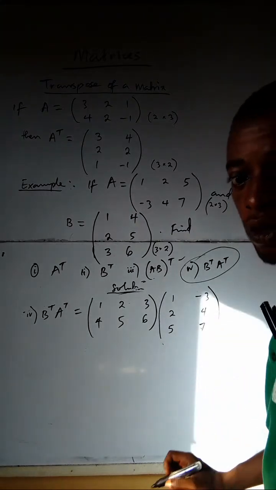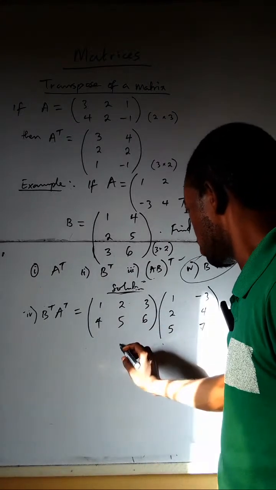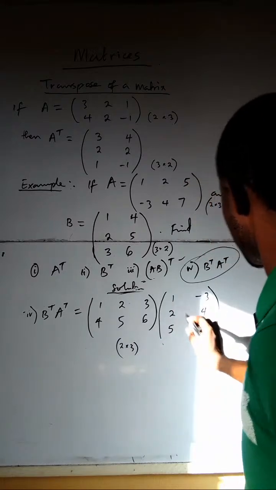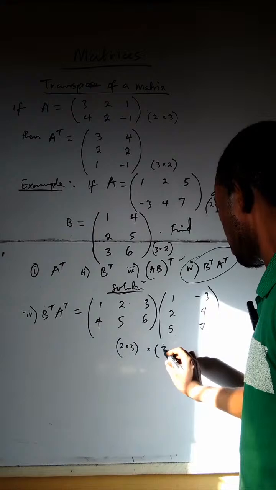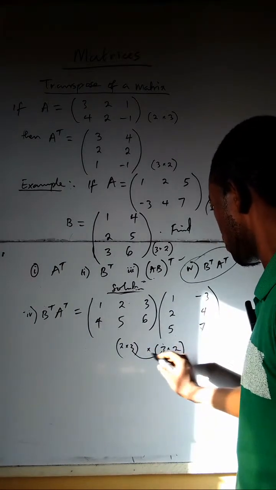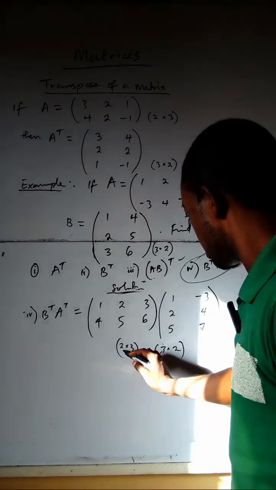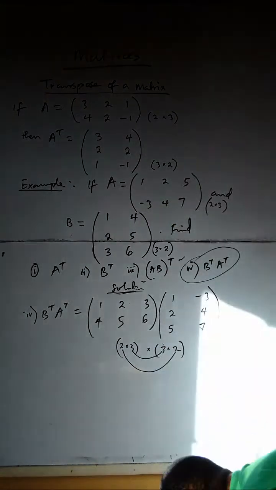Then when we check the order of this matrix, this is a 2 by 3 matrix. And here, this is a 3 by 2 matrix. So multiply by 3 by 2 matrix. Of course, the column and the row here are the same. So we can go ahead with the multiplication here. Then this will be the result of the multiplication now.